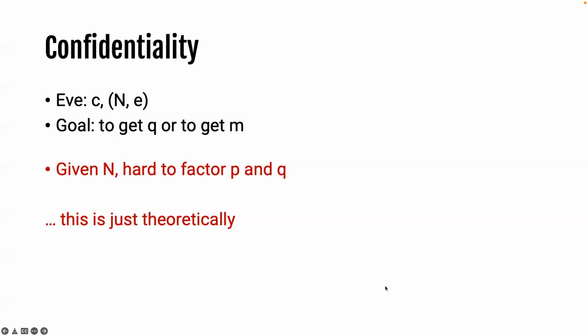But also one thing that I want to mention, even though you have a very large n, you can't always guarantee that p and q are hard to factor if you didn't choose p and q carefully. So for example, say p is equal to 3, okay?